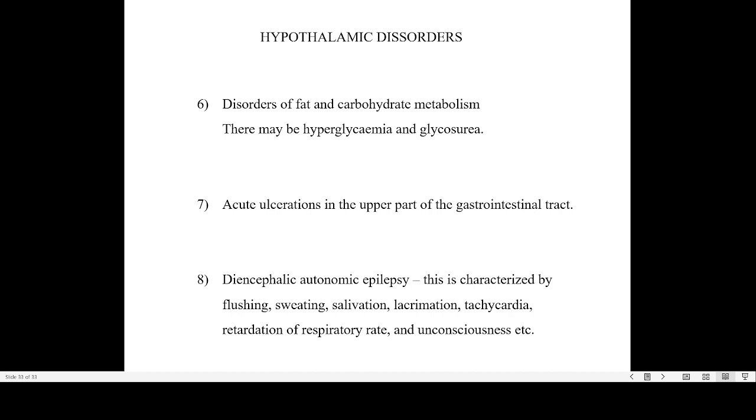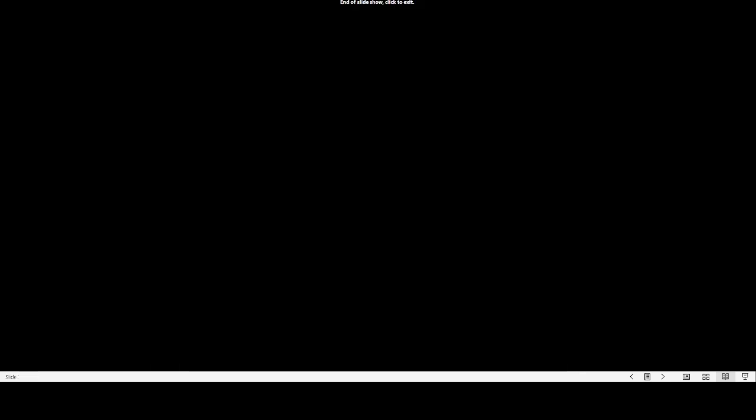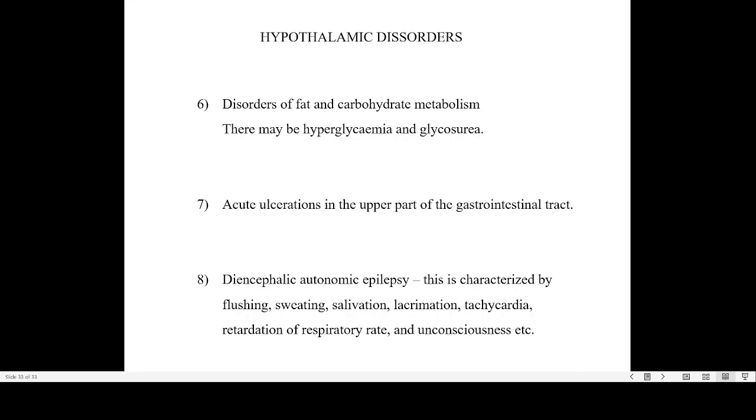Then disorders of fat and carbohydrate metabolism, where there may be hyperglycemia and glycosuria, acute ulcerations in the upper part of the gastrointestinal tract, and diencephalic autonomic epilepsy. This is characterized by flushing, sweating, salivation, lacrimation, tachycardia, retardation of respiratory rate, and unconsciousness. These are the points related to hypothalamic disorders.